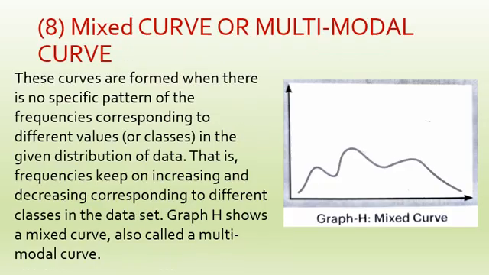The last one is mixed curve or multimodal curve. These curves are formed when there is no specific pattern of frequencies corresponding to different values or classes in the given distribution of data. Once it is increasing, then it will decrease, then it will increase again, then it will decrease again. So when there is no specific pattern in the frequency distribution table, at that time we make this mixed curve or multimodal curve.